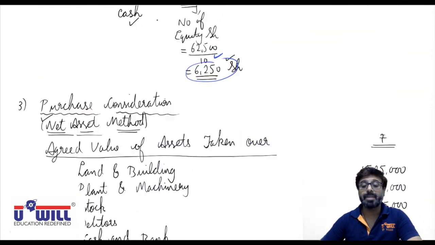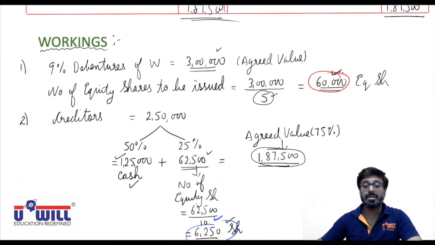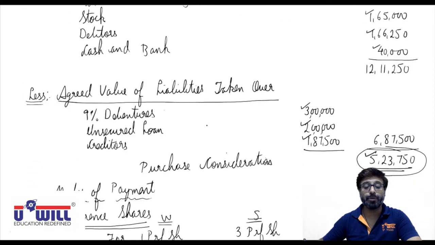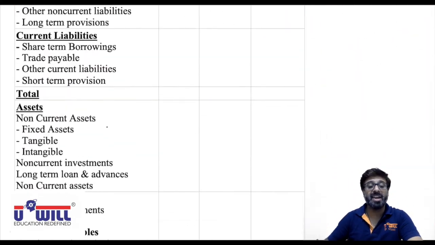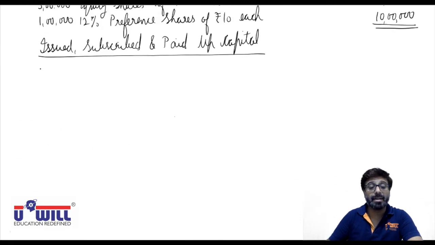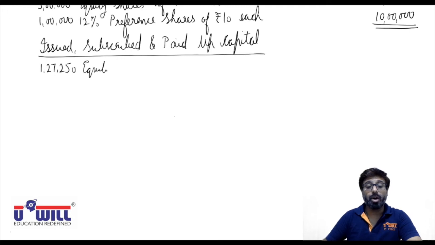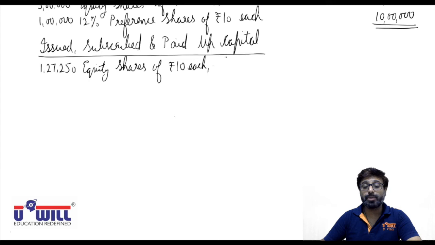So 60,000 equity shares and this 67,250, that is 1,27,250 shares, are 5 paid up. Write down 1,27,250 equity shares of rupees 10 each, comma, rupees 5 paid up, and we will multiply with 5.